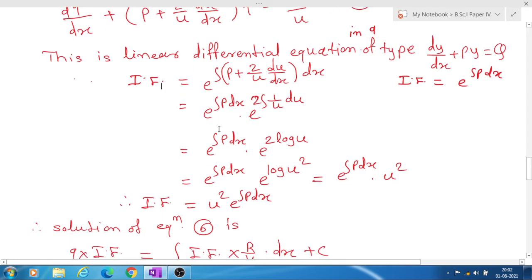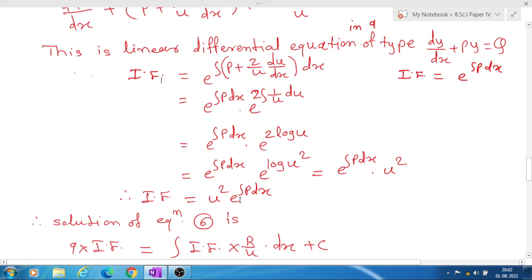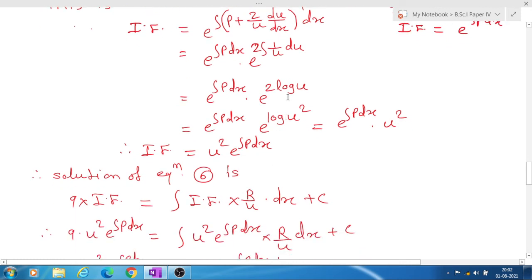Therefore this is equal to e raised to integral p dx, and e raised to 2 into integral 1 upon u du, which is log u. So 2 log u, e raised to 2 log u means e raised to log u square. Therefore the integrating factor is e raised to integral p dx into e raised to log u square. Again e raised to log u square is only u square. So the integrating factor is u square into e raised to integral p dx.